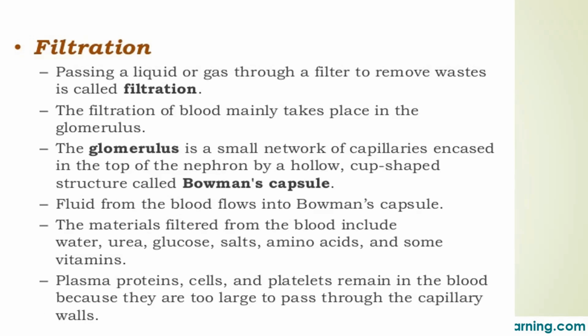The fluid from the blood, which contains the waste and excess water, flows to the Bowman's capsule. In the glomerulus, materials like water, urea, glucose, salts and amino acids are all filtered. Substances like plasma proteins, cells and platelets remain in the blood.